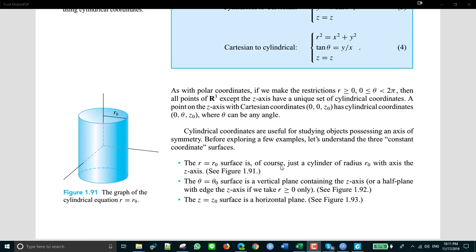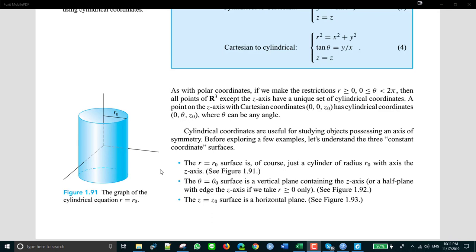The surface theta equals theta sub 0, some fixed theta. That will mean the r can be anything. So I guess it would be like a plane that goes through here at some particular theta.